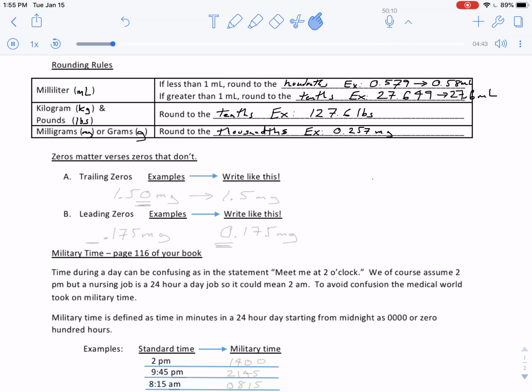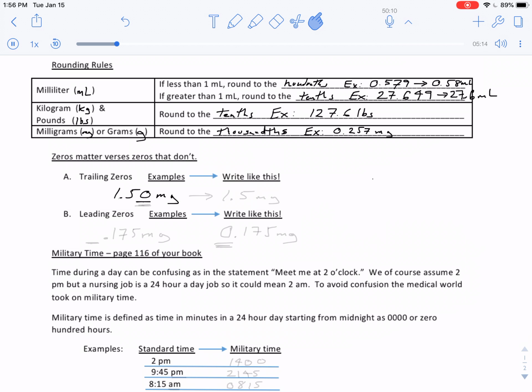A trailing zero is something like, when I do some math, I might end up with something like 1.50, think $1.50, which is fine for dollars, but if we're dealing with something like milligrams or grams. So if we're dealing with, let's call this milligrams, this last zero, this trailing zero in that last place has no purpose and is actually confusing to people sometimes.